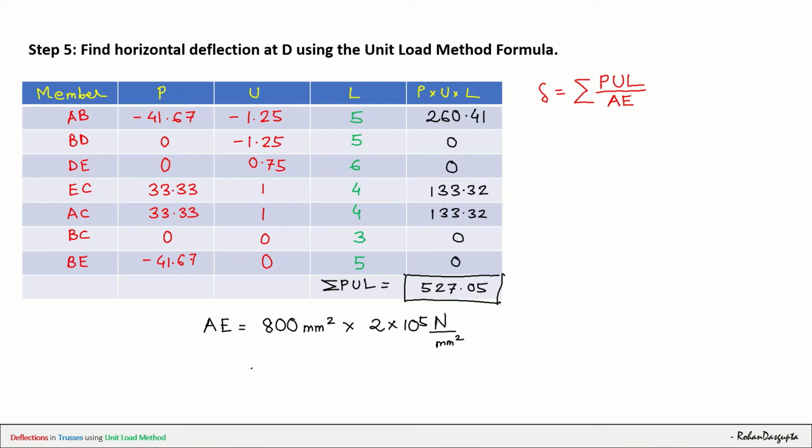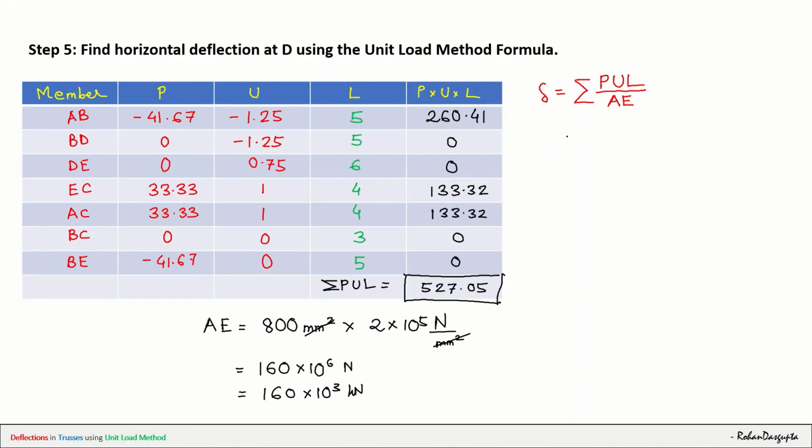If you put this in the calculator, you will get 160 into 10 raised to the power 6 Newton, because mm square and mm square get cancelled. Since all our other calculation is in kilonewton, it is better to convert it to kilonewton, so it will be 160 into 10 raised to the power 3 kilonewton.